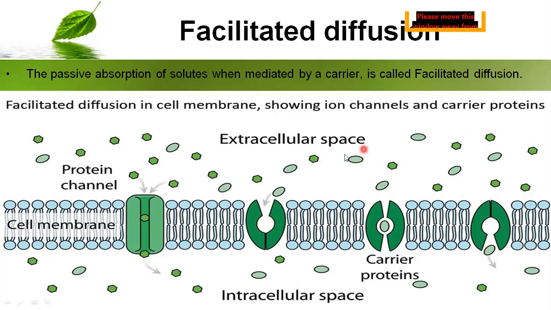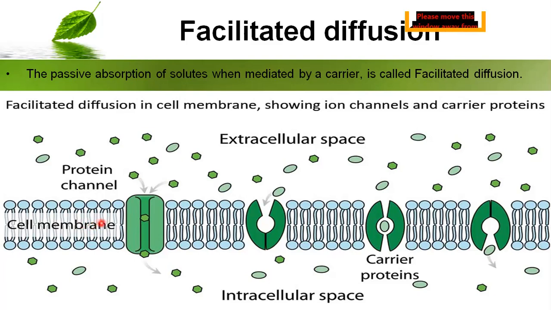Now we will discuss this diagram. Particles that are lipid soluble pass easily, as this membrane is made of lipid and protein. In a lipid-soluble or lipoproteinaceous cell membrane, the diffusion of hydrophilic solutes, meaning the water-loving substances, has to be facilitated because their diffusion across the membrane is difficult.